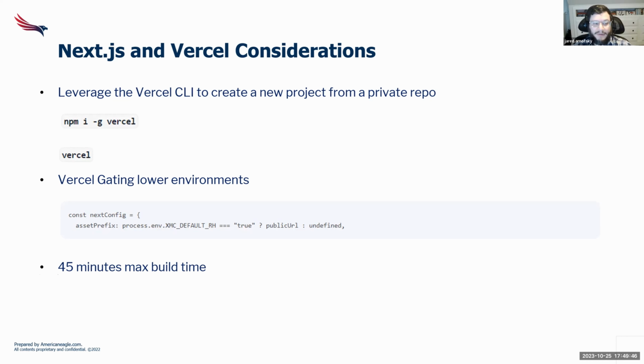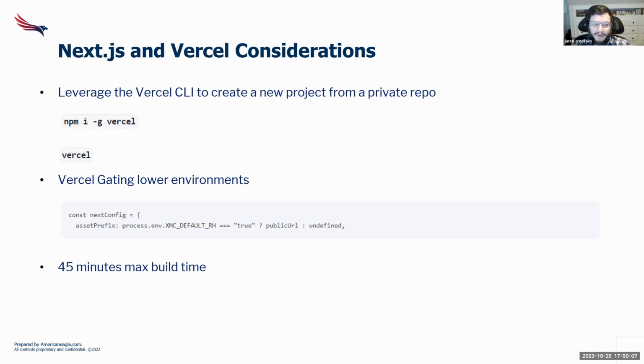So what we ended up doing was making an XM Cloud default rendering host variable in XM Cloud itself. When you make an environment variable through the deploy app in XM Cloud, you can specify if you want it to just be on the rendering host, or if you want it to be on XM Cloud, or both.